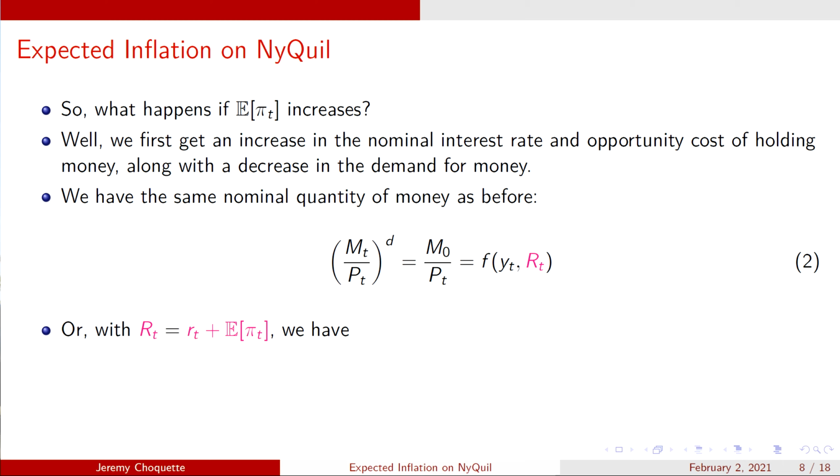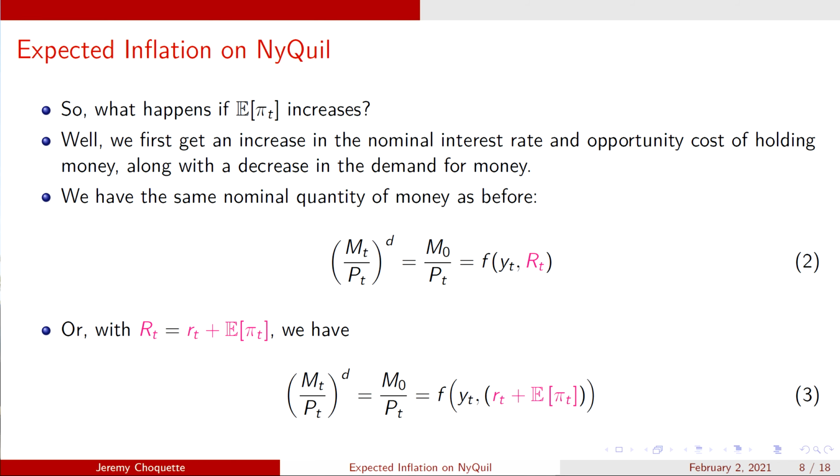Now, because the nominal interest rate is equal to the real interest rate plus the expected inflation rate, if we have the left-hand side equals the right-hand side of that equation in pink, then we can plug the right-hand side of that into equation 2 instead.